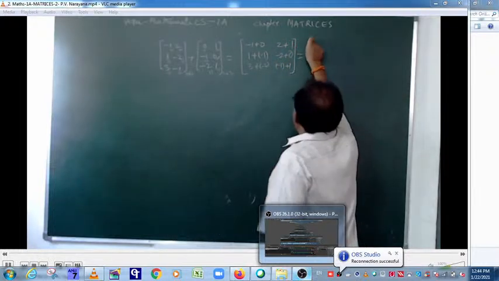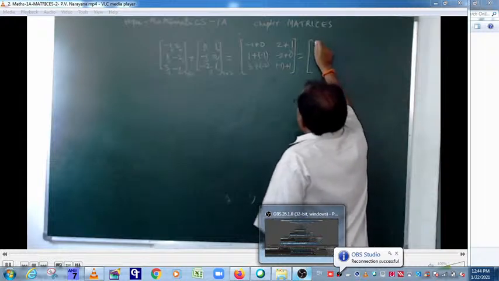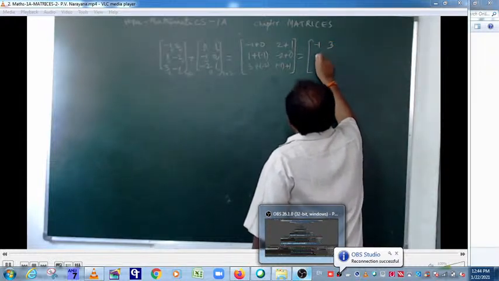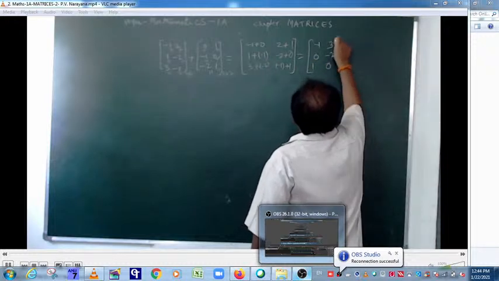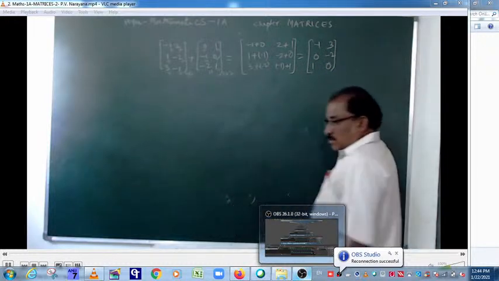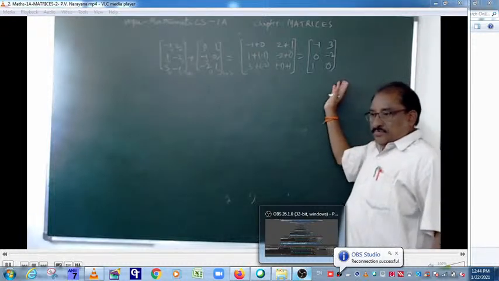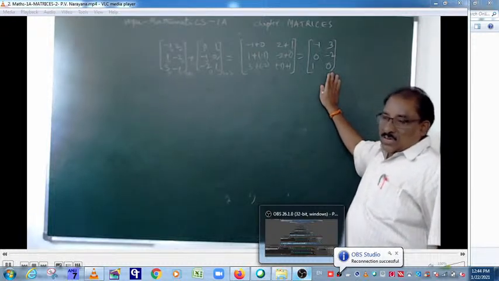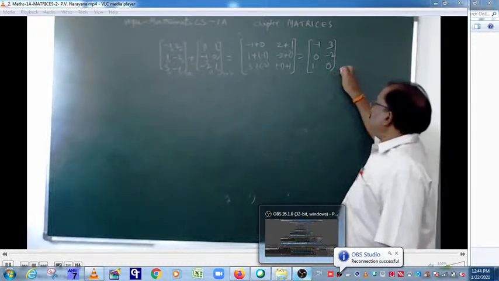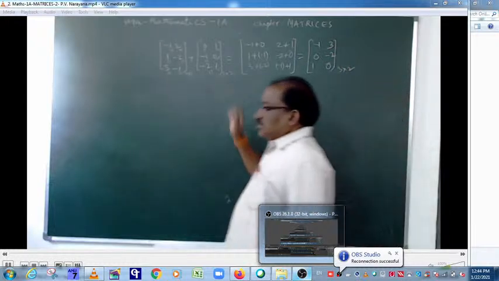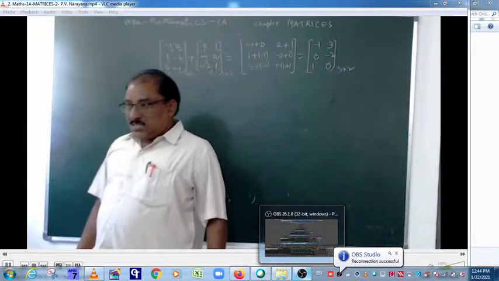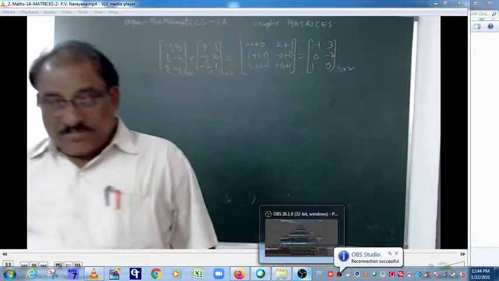So the result is minus 1, 3, 0, minus 2, 1, 0. What is the order of this resulting matrix? This is 3 by 2. This is a matrix addition problem.